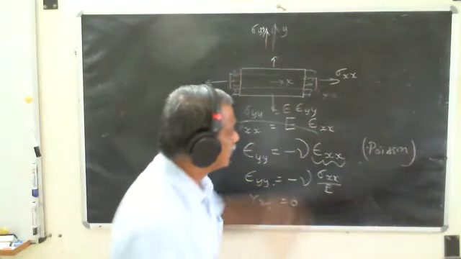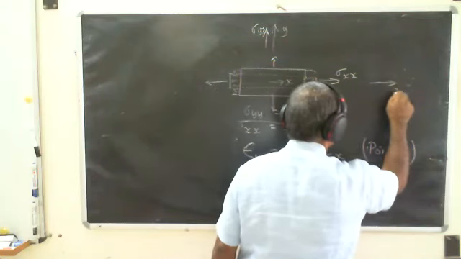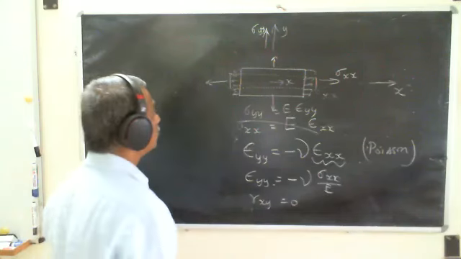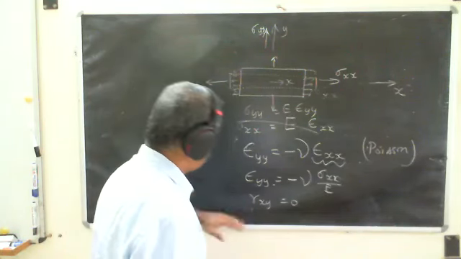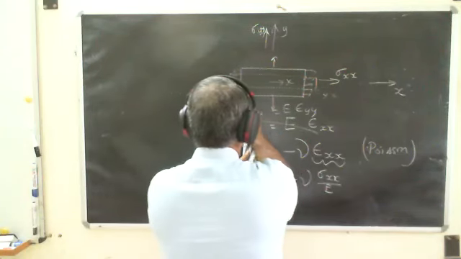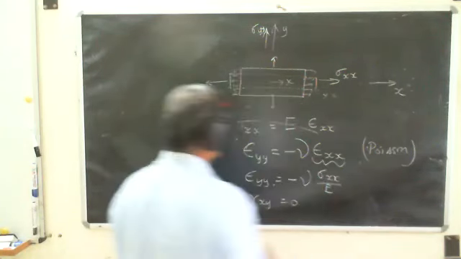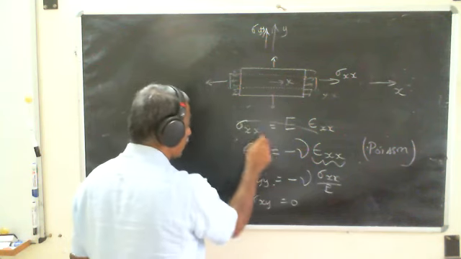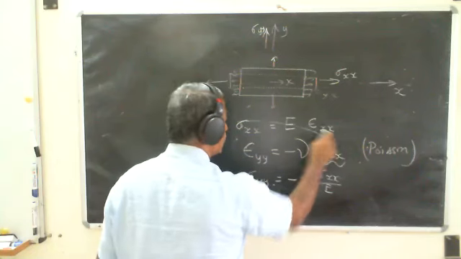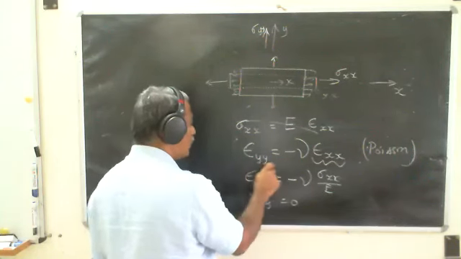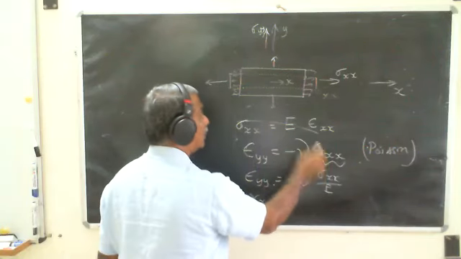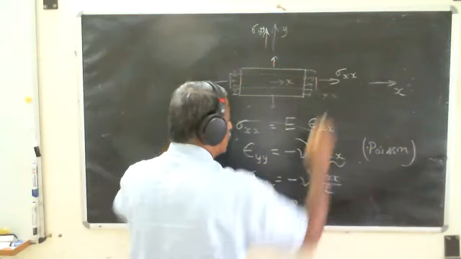It is sigma xx because it is in the direction of x and on the face whose normal is also x. And then we derived it. We got sigma xx equal to E, the elastic constant, times epsilon xx, and epsilon yy to be minus another factor times whatever elongation has occurred in this direction.